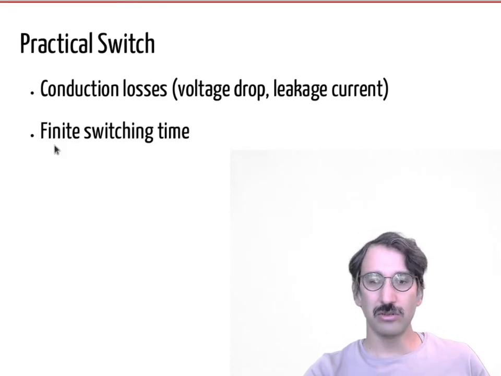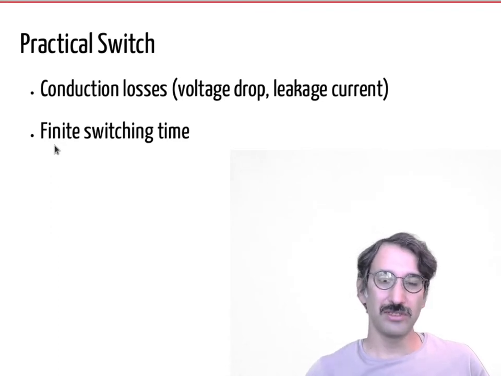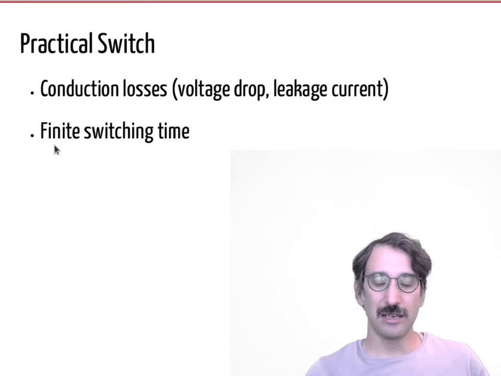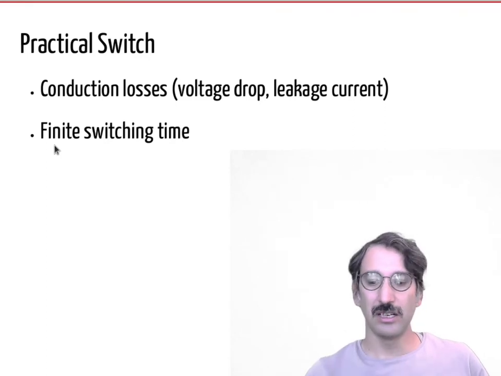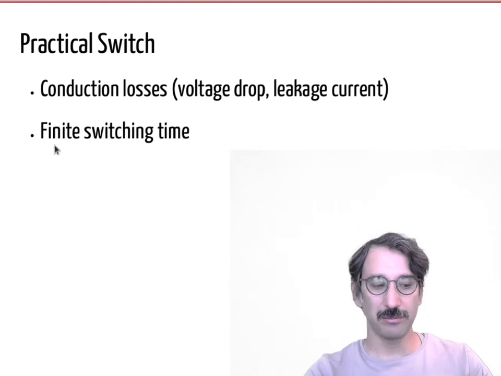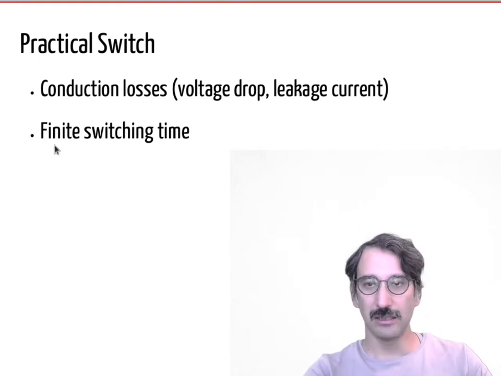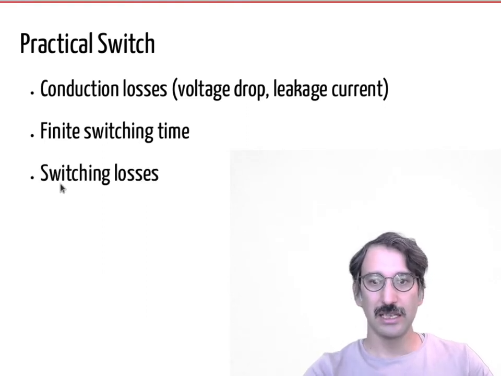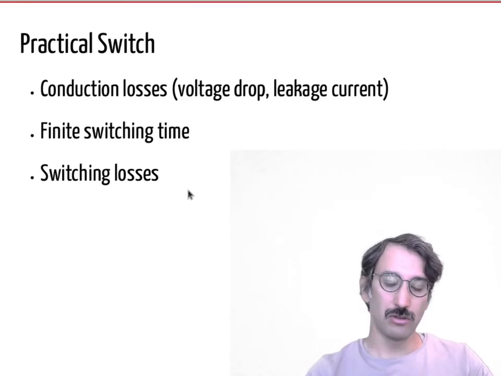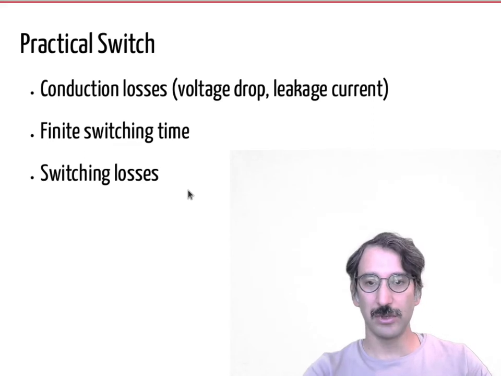Also the switching from on state to off state, or from off state to on state, doesn't happen instantaneously, so it requires some time, and that is one of the main practical issues in power electronic applications. During the switching we will have switching losses in the system, so basically it will cause your system to generate some heat.